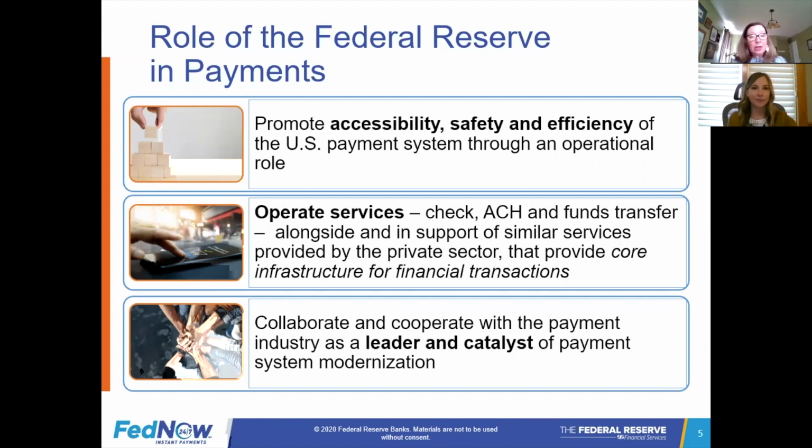The services that we offer include check processing, ACH, and wire transfer, and I'll note that we offer these services alongside other private sector operators, which provides choice in the market. In addition, serving an operational role allows us to provide stability and support to the banking system, and in turn to the broader economy.